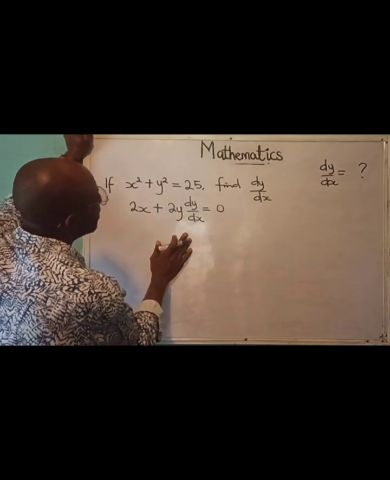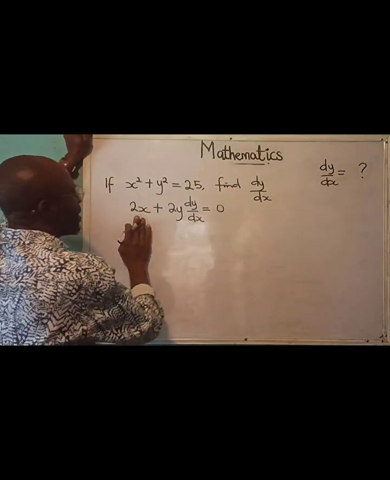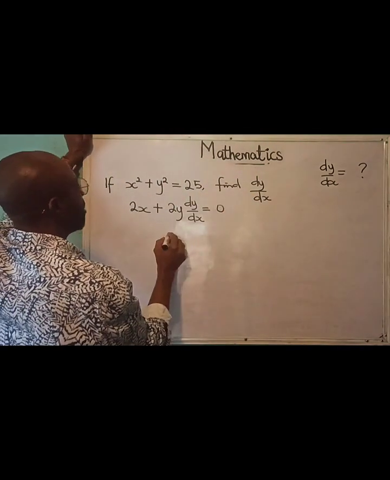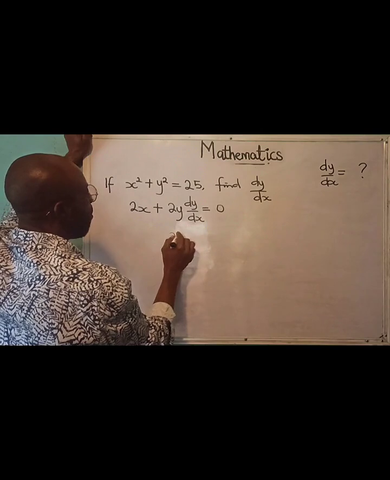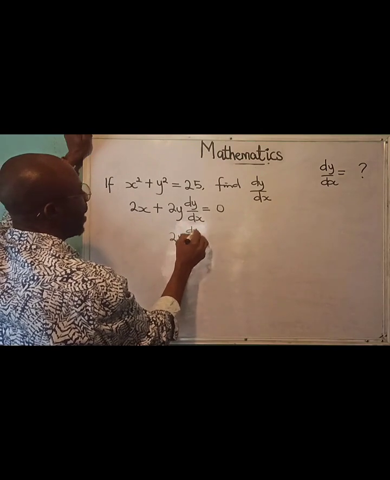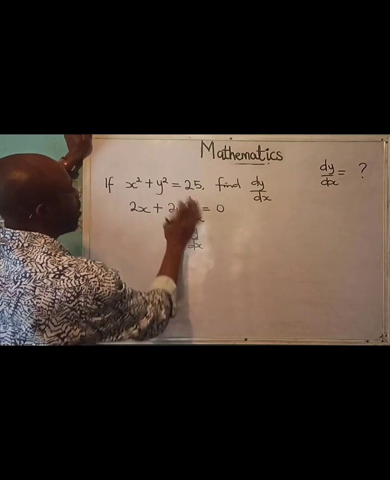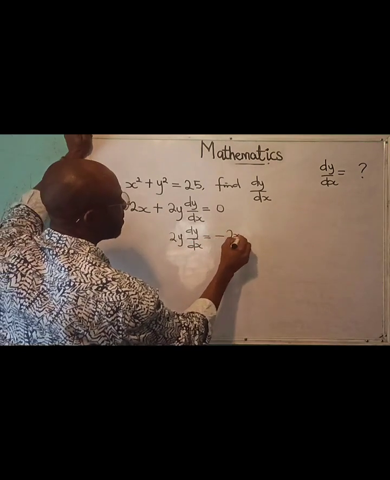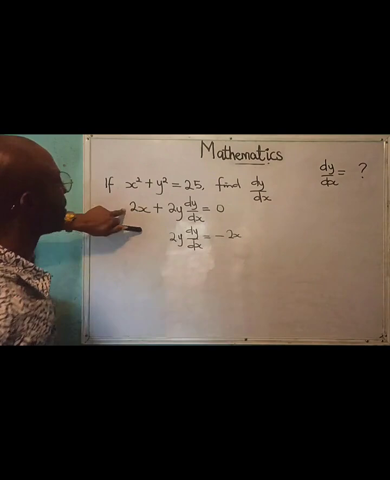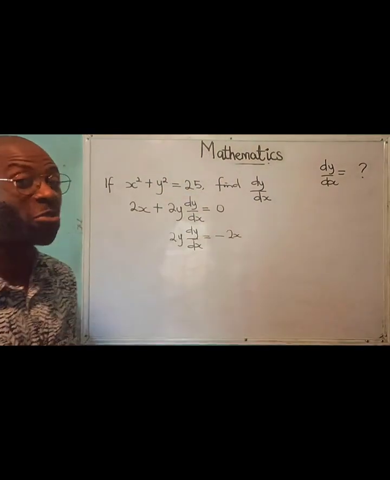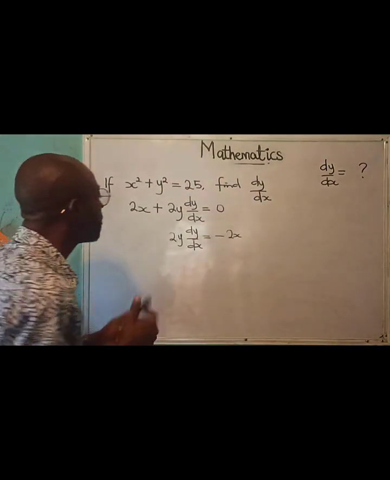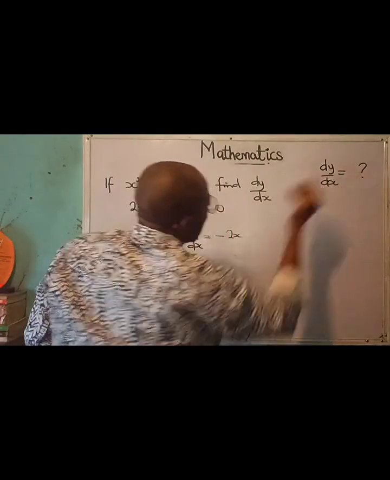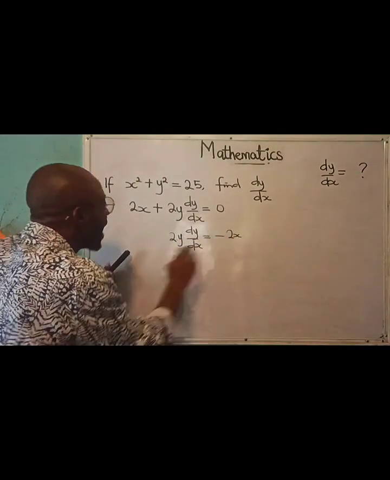In order to do this, all I need to do is move 2x across the equality to the other side of the equation. So it becomes 2y dy over dx equals negative 2x, because it's crossing the equality. It used to be positive, since it's going that way, it's going to change to negative. Then, if I want dy dx to stand on its own, because we're looking for dy dx to get our answer, I will divide both sides by 2y.